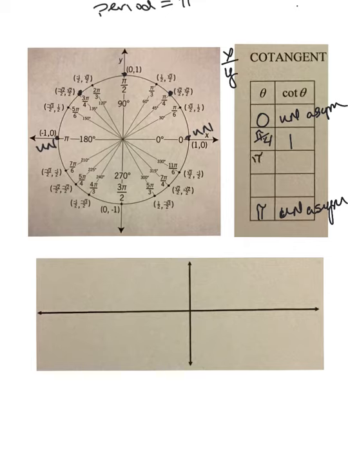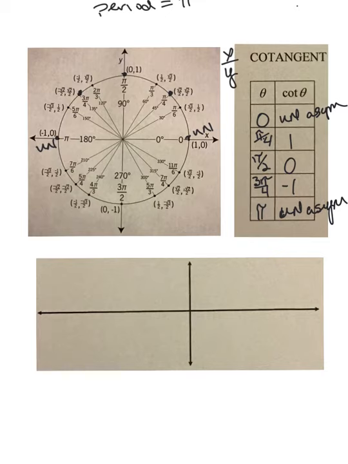At pi over 2, you put x over y, you get 0. At 3 pi over 4, you have radical 2 over 2 for both coordinates, but the x coordinate is negative. So you get negative 1 this time. So this graph is very similar to the tangent graph in several ways.